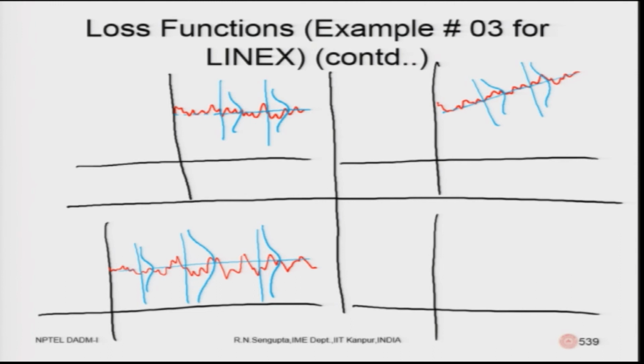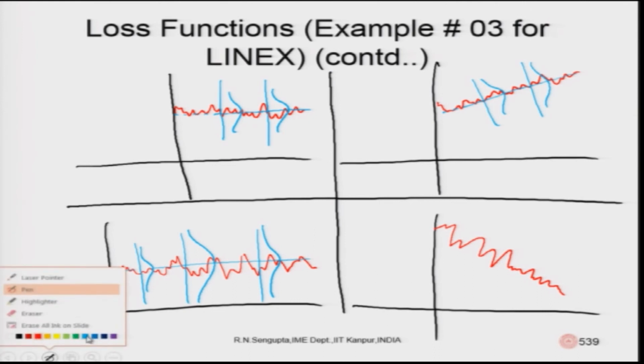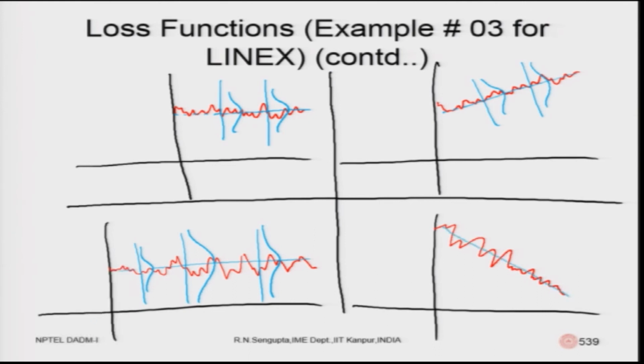In case the mean value is increasing or decreasing, consider it decreasing, and the variance is also decreasing. So you will have these types of graphs for the fluctuating random variable.